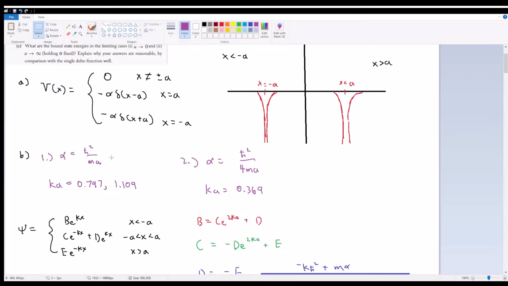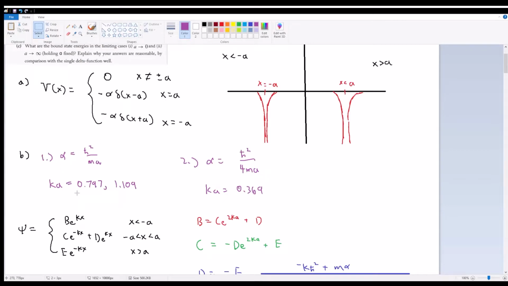And then we used those 4 conditions to solve a system of 4 equations with the variables A, B, C, D, and E, and we eliminated variables in order to get a final equation in terms of Ka. Now that we have our final equation in terms of Ka, we solved for Ka.